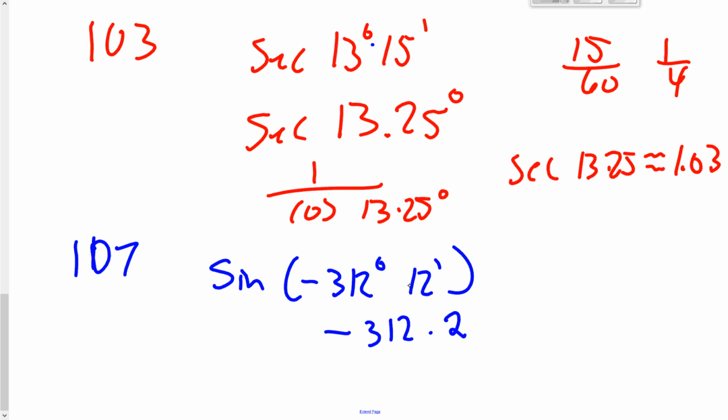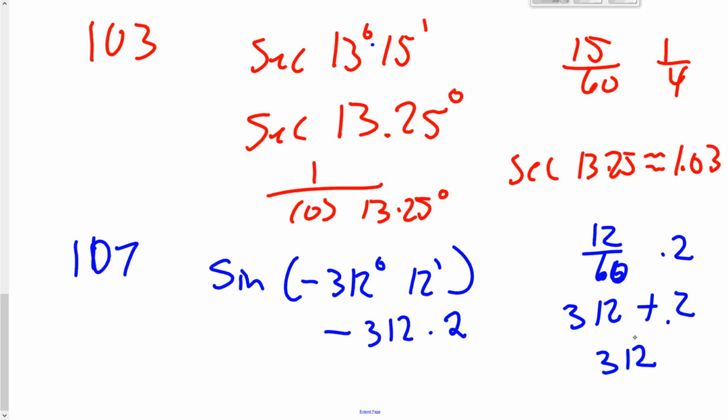When you switch 12 over 60 to 0.2, just take 312 and add 0.2 to that. So it'll be 312.2, and then you can attach the negative. That's what we're going to put in the calculator, and that is approximately 0.74.